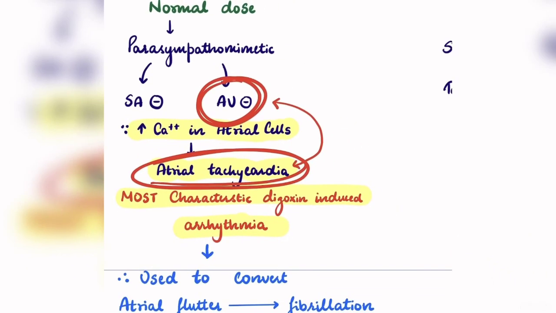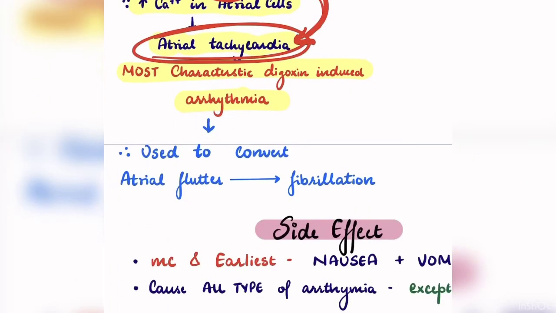Now, this effect of digoxin, that it blocks the AV node and also causes atrial tachycardia, can be used in a situation when we want to convert atrial flutter into atrial fibrillation, because atrial fibrillation can be controlled very easily. Atrial flutter is very difficult to control.